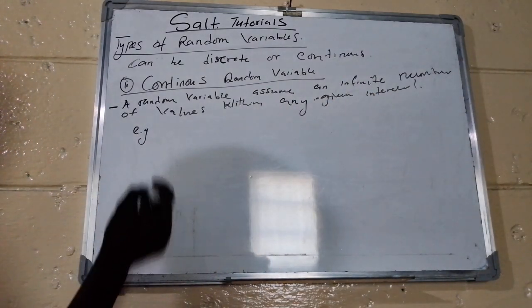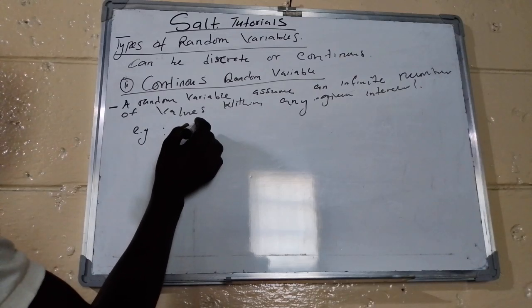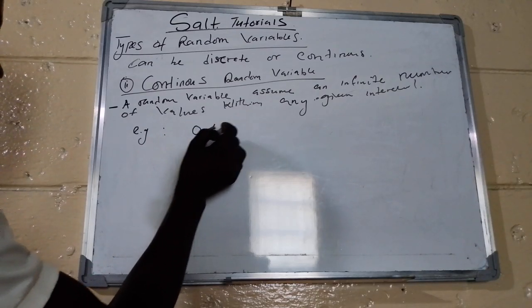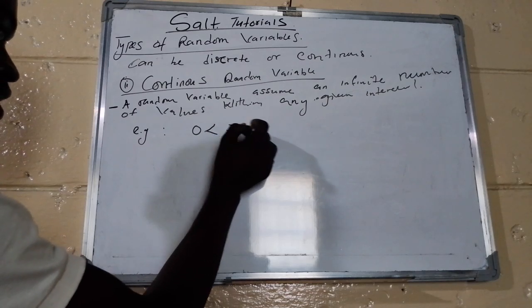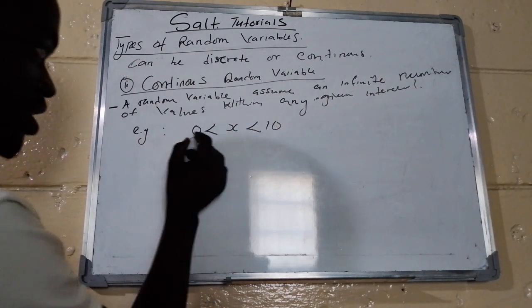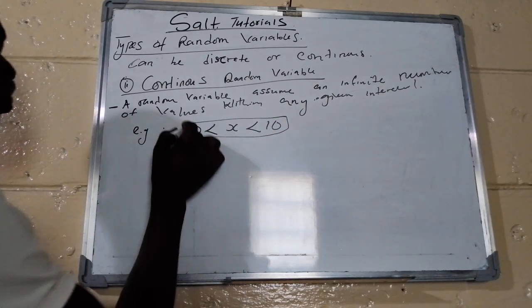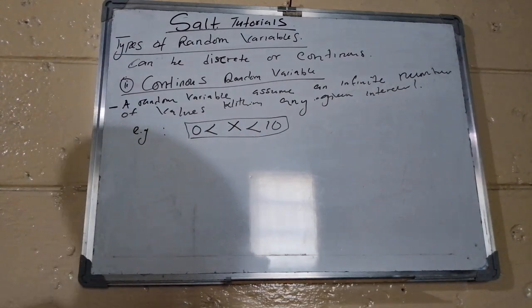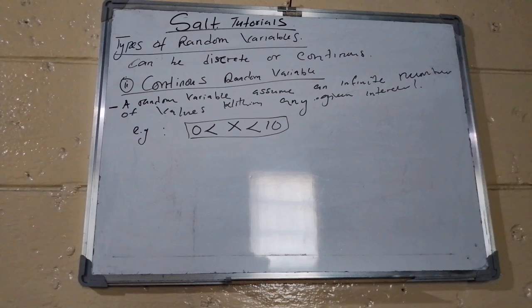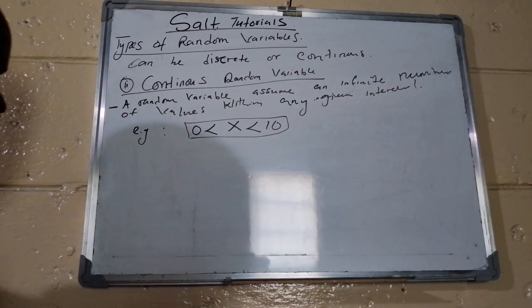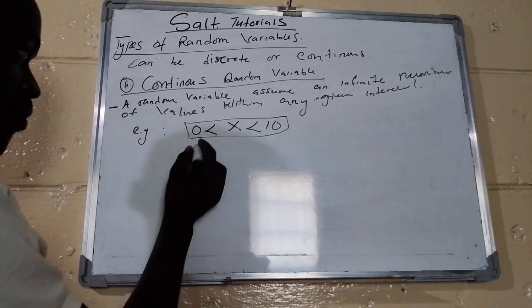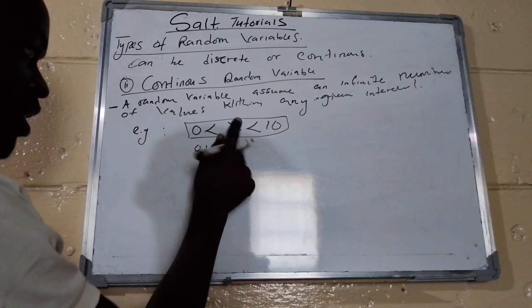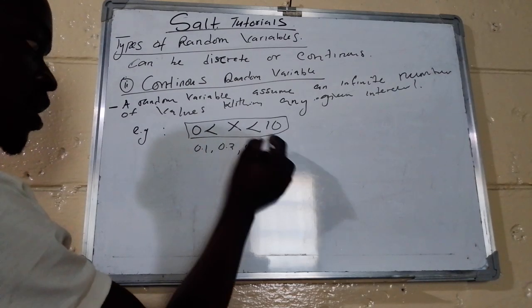For example, let's say the interval we're talking about is 0 < x < 10. In this interval, there are a lot of numbers which this x can assume. For example, x can take up 0.1, 0.2, 0.3, 0.4.